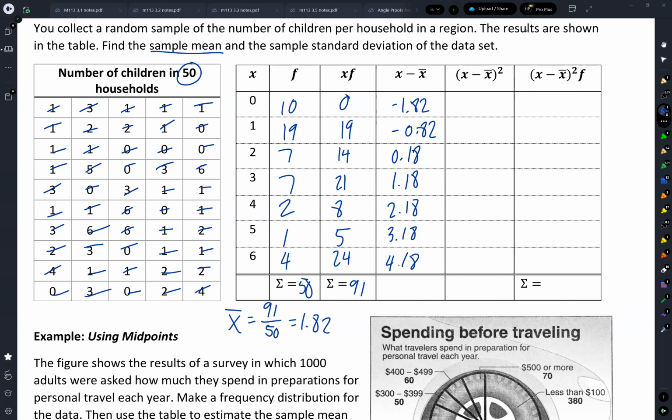Okay, then our next column asks us to square these values.